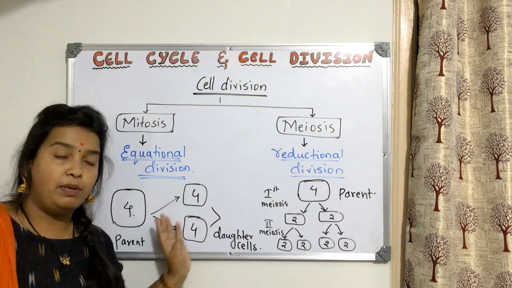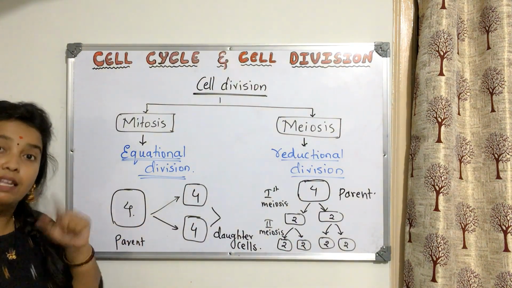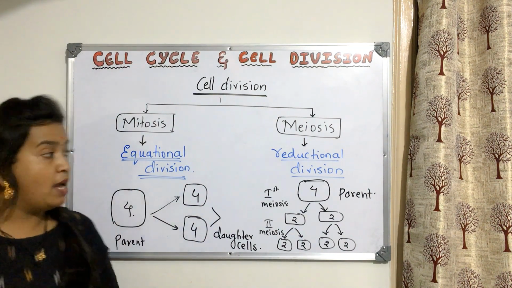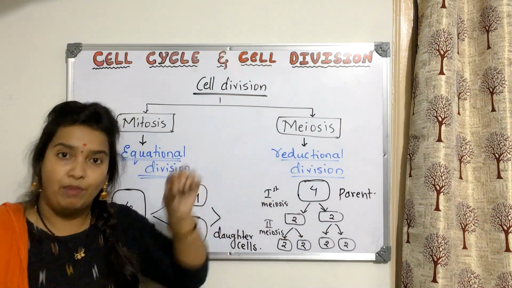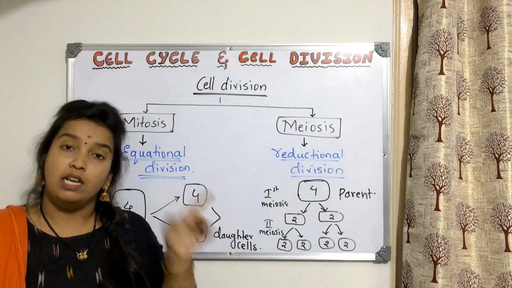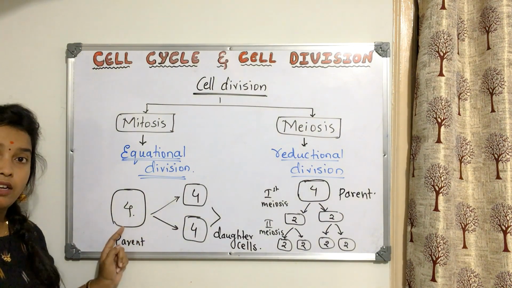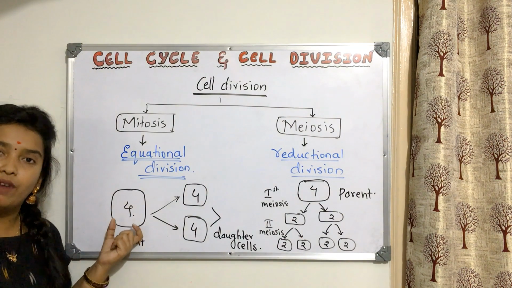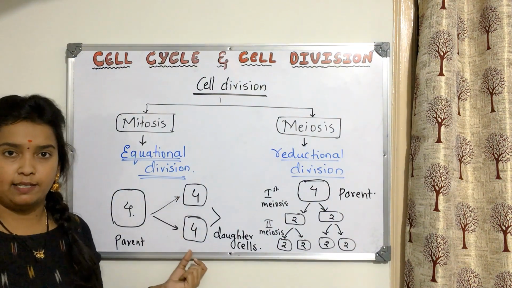But what is the difference between mitosis and meiosis? In mitosis, one parent cell divides and forms 2 daughter cells. This is the first difference. But here, one parent cell completely undergoes meiosis and forms 4 daughter cells. Is this first difference clear? The second difference is, here it is equational division. That means whatever the amount of chromosomes in the parent cell, the same number is found in the daughter cells.